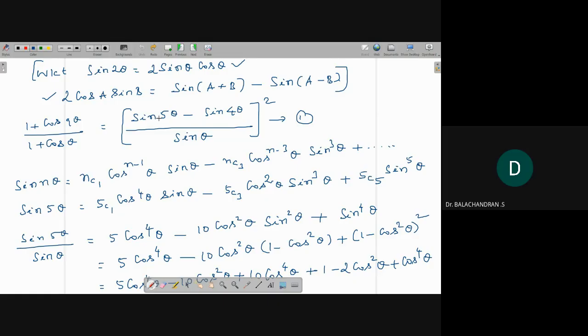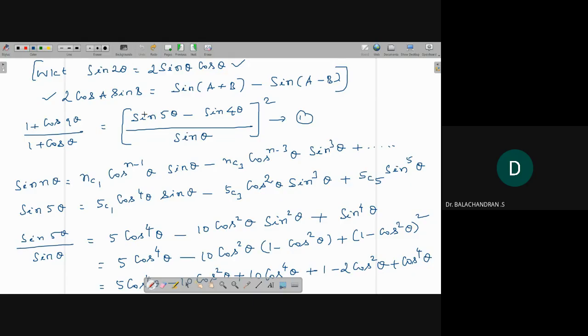Okay. So if you like that method, you can do it. Those who like this method, you can do it. I don't compel you to use this method. The reason why I am splitting is, if I split like this, you have the expansion only for sine 5 theta.